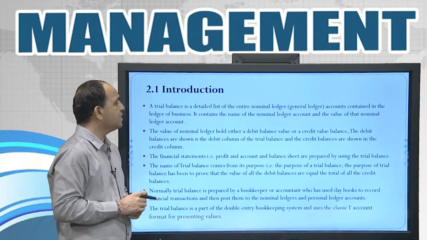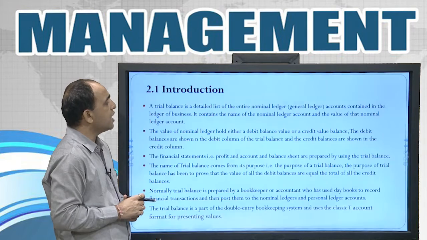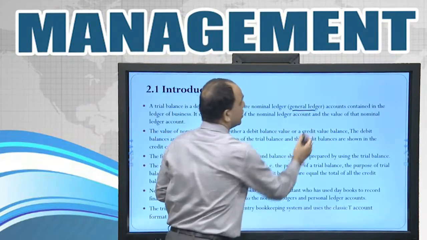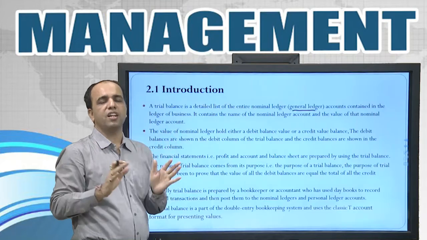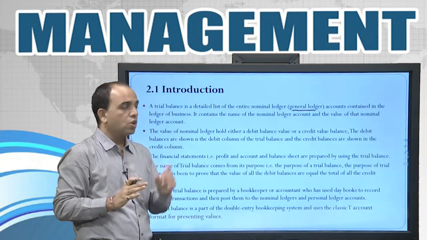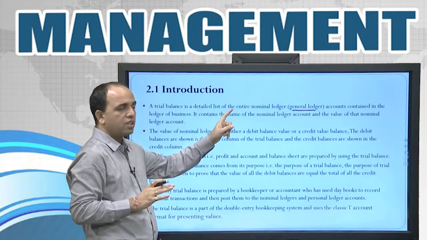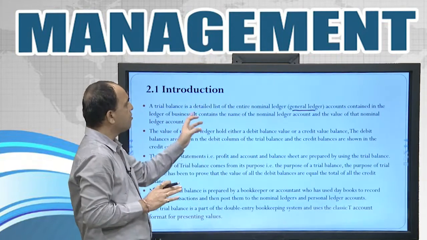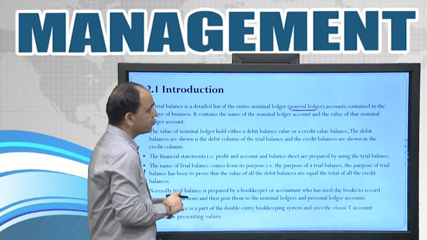A trial balance is a detailed list of the entire nominal ledger. Nominal ledger means general ledger which consists of almost all the accounts. In types of accounts, you were taught all three types of accounts. All three types of accounts were there in a general ledger, and from that ledger generally we find out the balances.